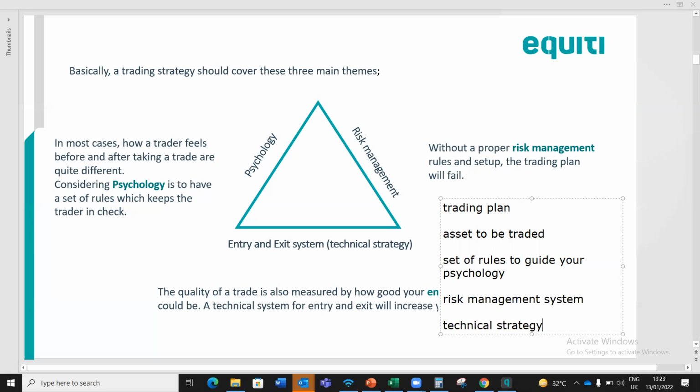All right. So once you have been able to identify in your journal the assets you're going to trade, the strategy you're going to use to trade these assets, then your set of rules that guides your psychology, and also your risk management, this forms what we call a trading plan, or a trading journal.